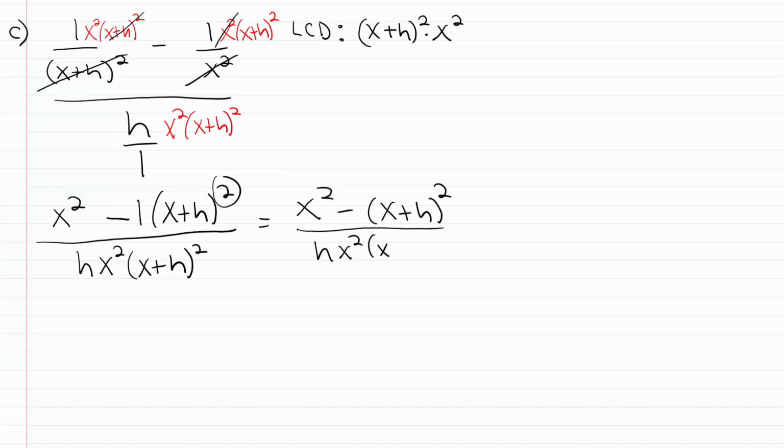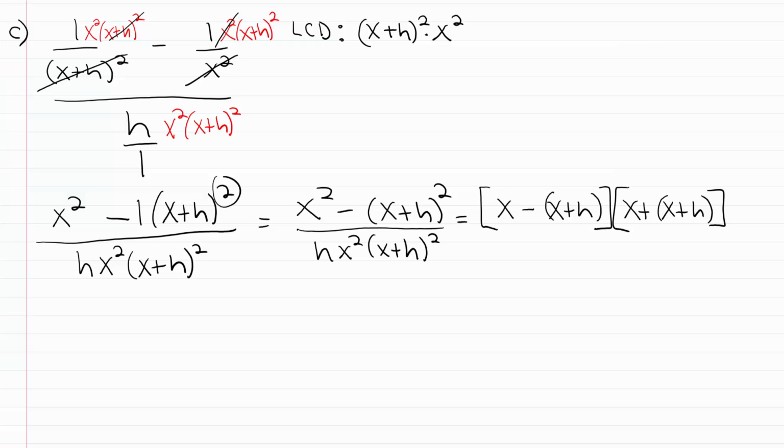And the reason why that is helpful is because that means we can factor it by just splitting it up into basically x minus x plus h without the square on it, and then x plus h without the square on it, right? So I just take the root of both of the things that are squared.